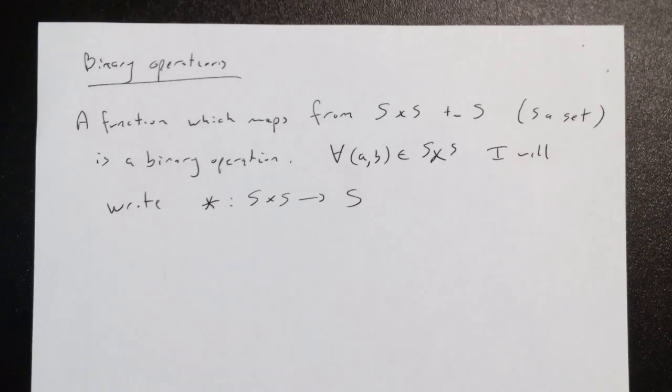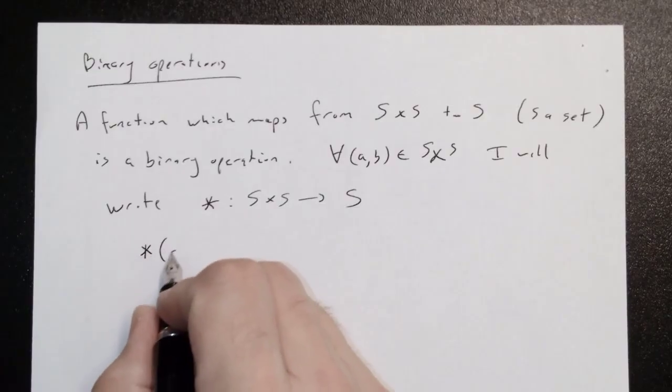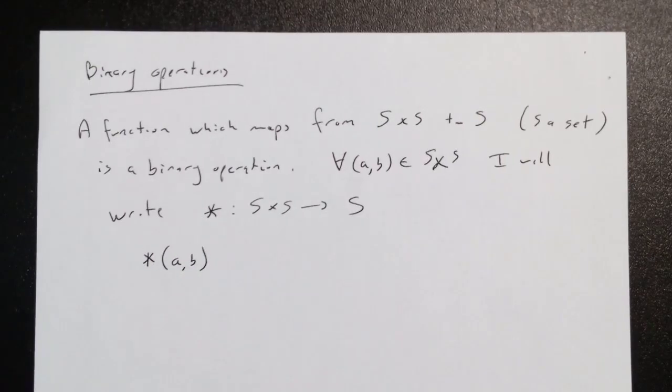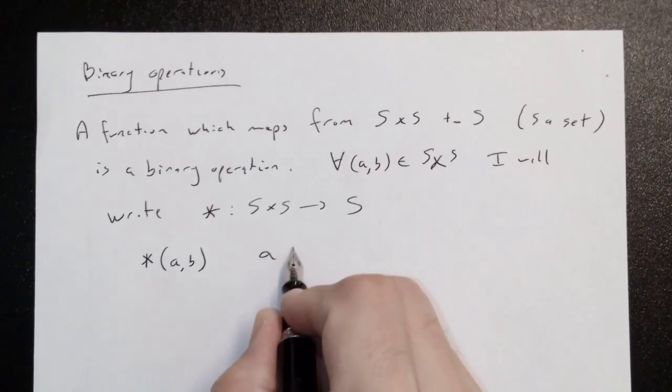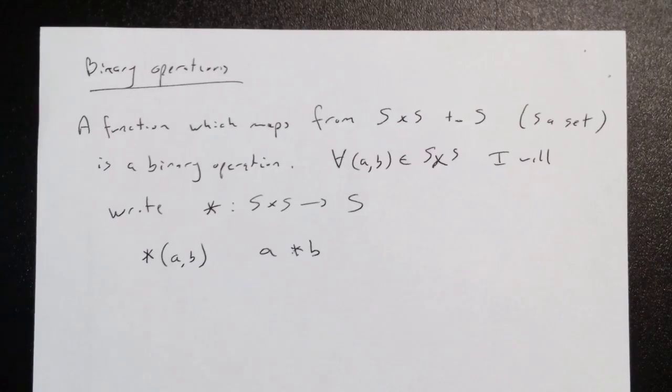If I wrote this like a function, I would write star of the ordered pair A, B. I don't like that. I would rather, exactly as you said, Roman, write A star B, put it in the middle.